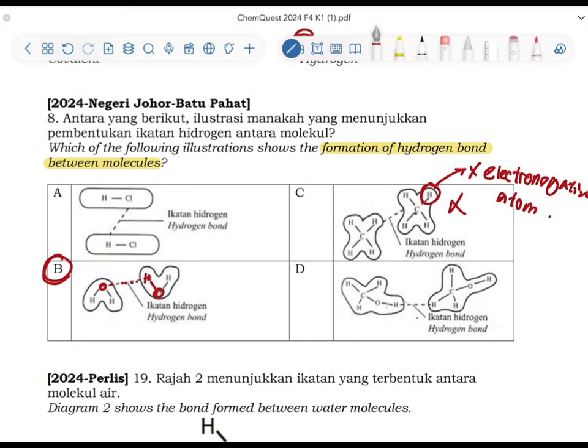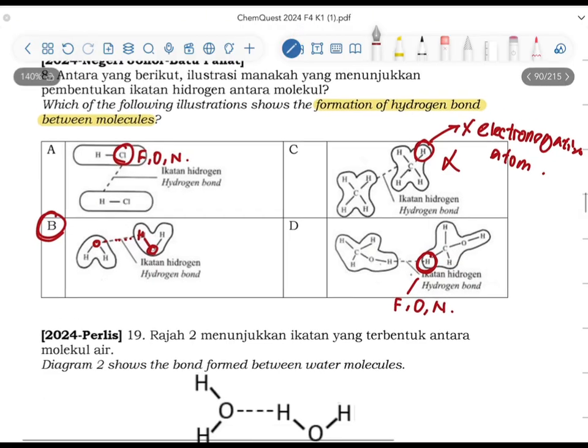And this part is wrong because it should be connected to F or N as well. This is also should be connected to F or N. So the answer is B.